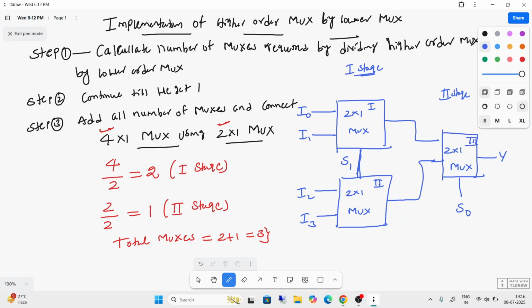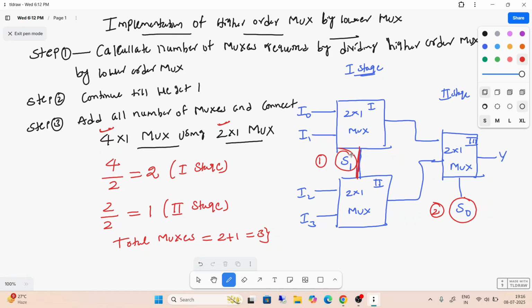Is it fine? Is there one more mux? No, sir. The selection line for the second 2 cross 1 mux is S0.